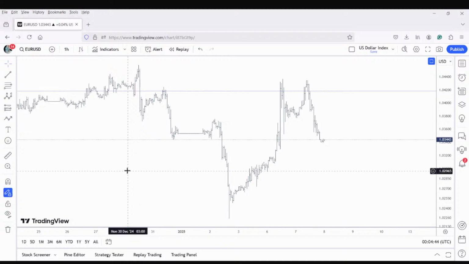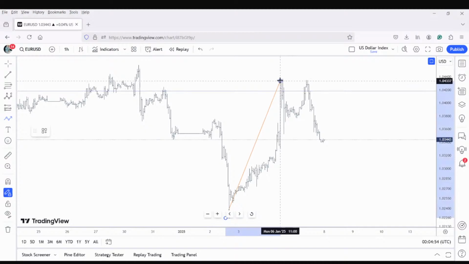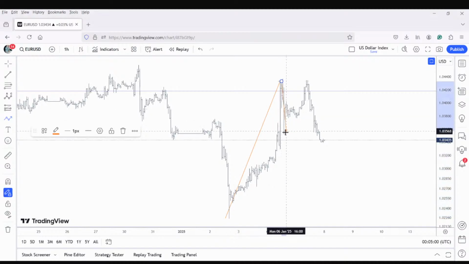So the story now is we've got lower degree wave one in place, and we've got a standard flat also in place.